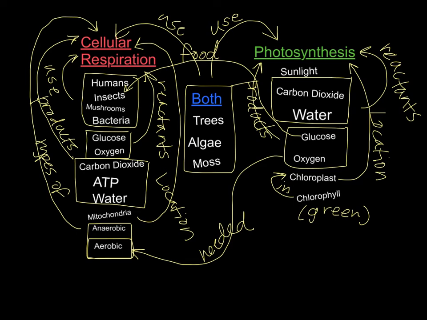Chloroplasts are going to be connected to this both group. They are in all of those organisms, so trees, algae, and moss all have chloroplasts. They also all have mitochondria, so we're going to connect that to that group as well.